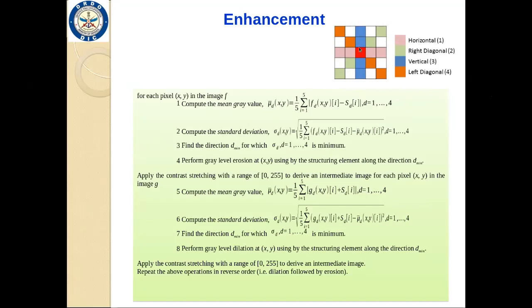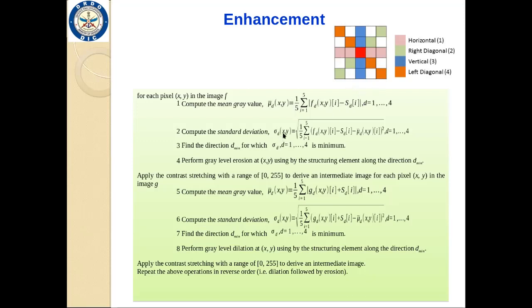For a particular candidate pixel, we extract the mean gray value by taking the difference, for the erosion purpose, between the original image and the structuring element. That structuring element I have stored by cutting a 5x5 element.